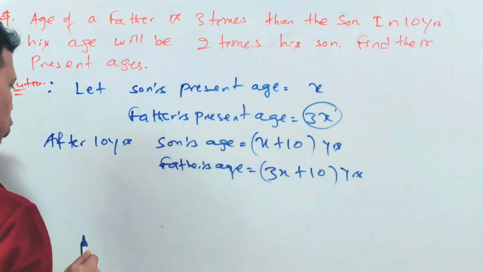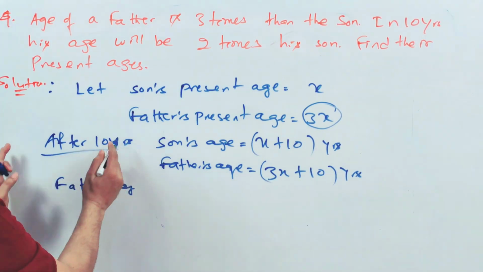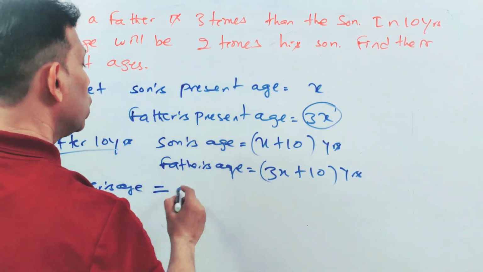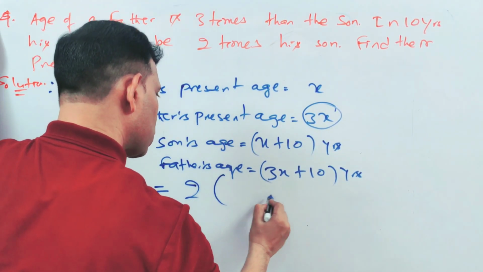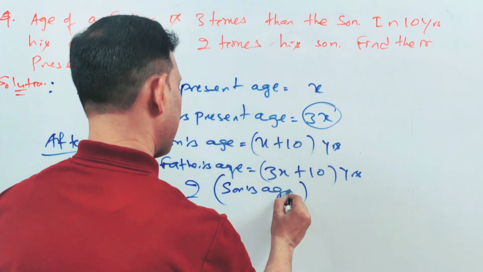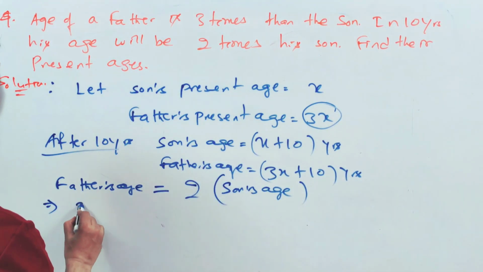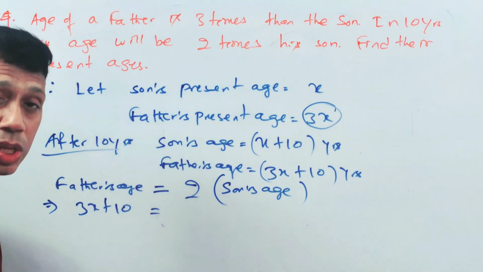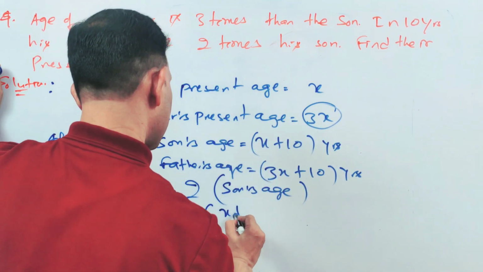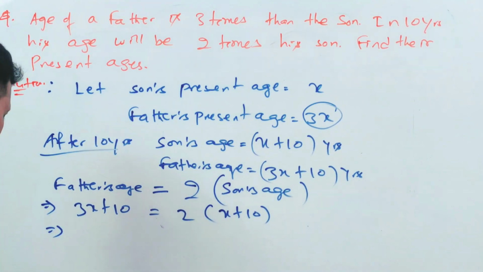So the father's age after 10 years is equal to 2 times the son's age. Now I will put the values. After 10 years, the father's age is 3x plus 10, equal to 2 into the son's age after 10 years, which is x plus 10. Done the equation. You see how easy the equation is? Now solve it.